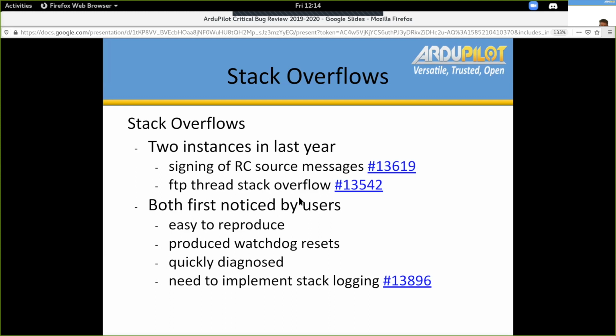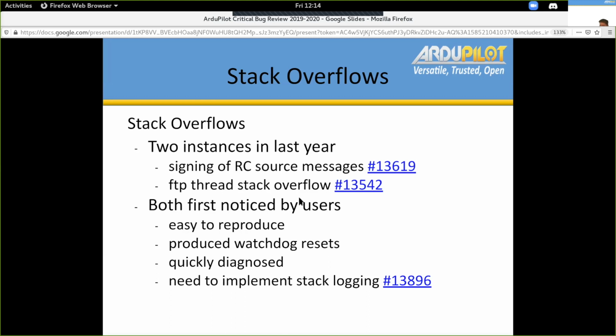So stack overflows and other memory corruption are definitely things that shouldn't sneak into our own code. These are the sorts of things that easily crash vehicles, so the things we have to be particularly careful of.